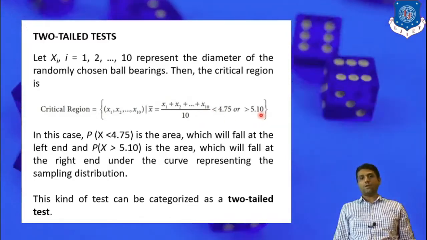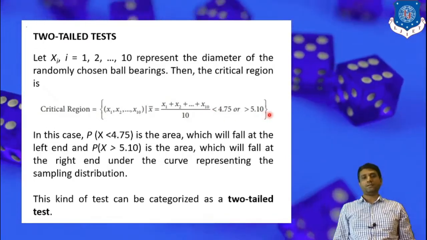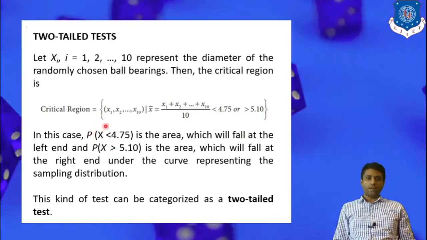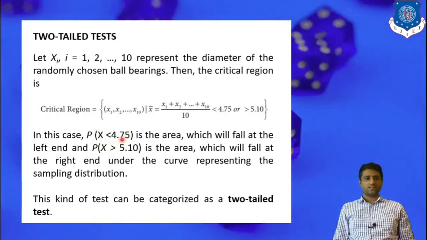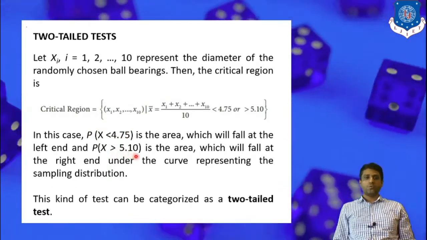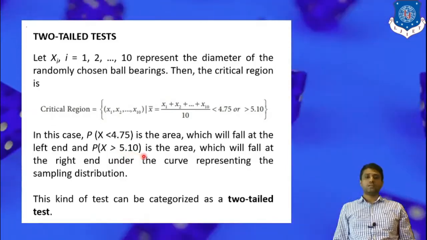When the diameter of the ball bearing is greater than 5.10, then again our null hypothesis is rejected. So when x is less than 4.75 or when x is greater than 5.10, we have to say that the null hypothesis is rejected.